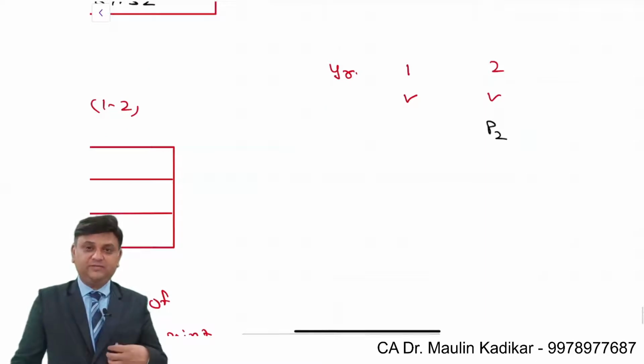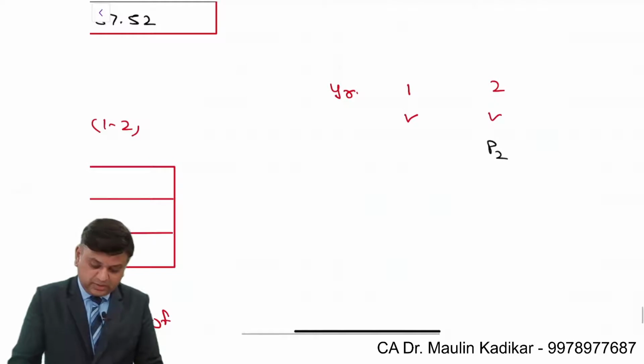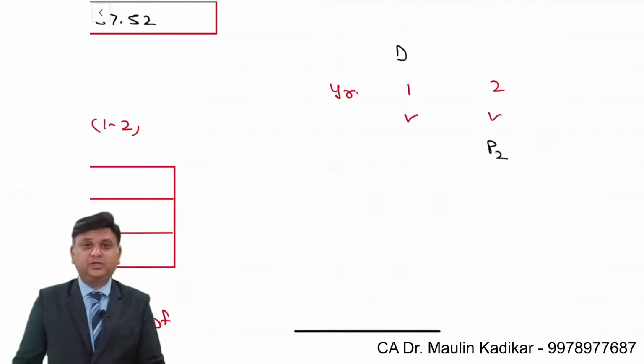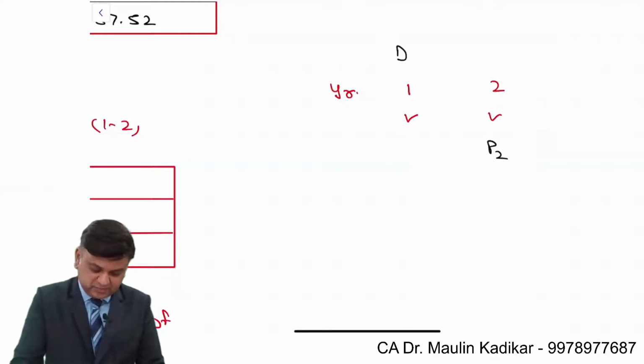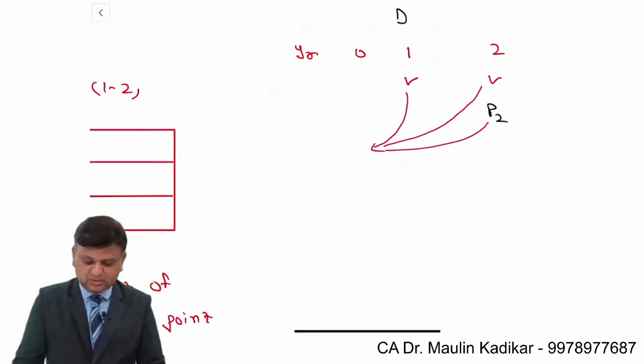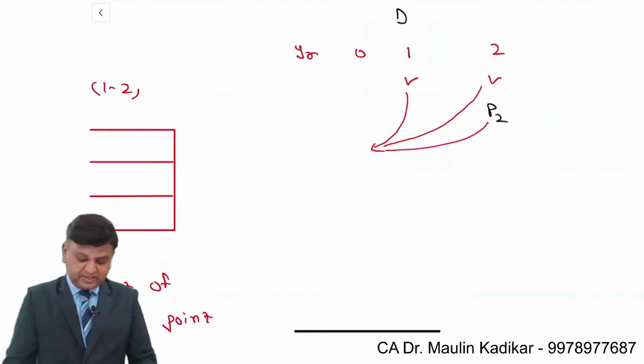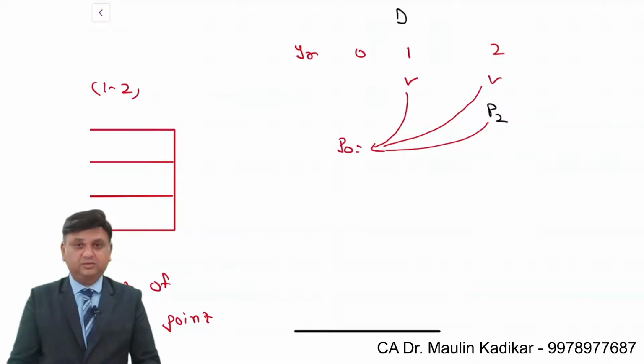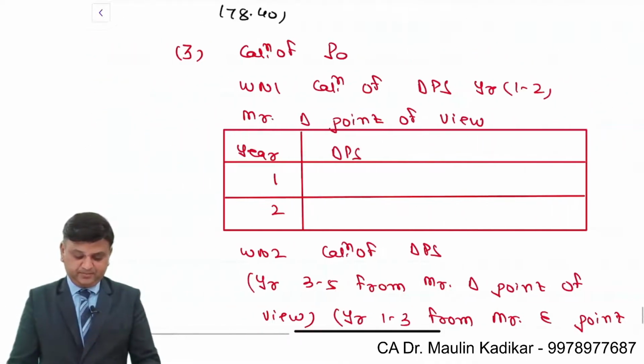Whatever Mr. D is going to receive in the future, the same will be discounted in present value terms to compute P0. That is what we understand. This is the year and this is 0. So this is discounted, this is discounted, and this is discounted. Based on that, we make the computation of P0.